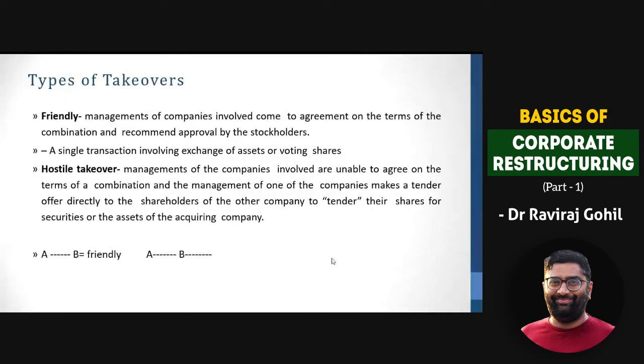Yes, sir. Yeah, so I'll just try and explain what I was trying to explain. In a friendly takeover, both the companies are agreeing and there is a mutually accepted transaction.